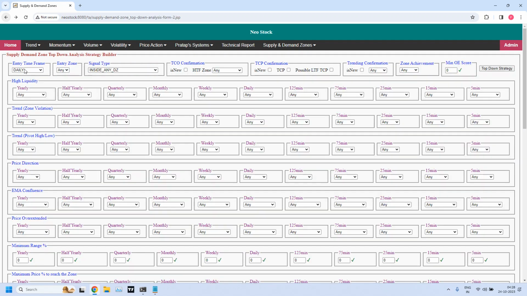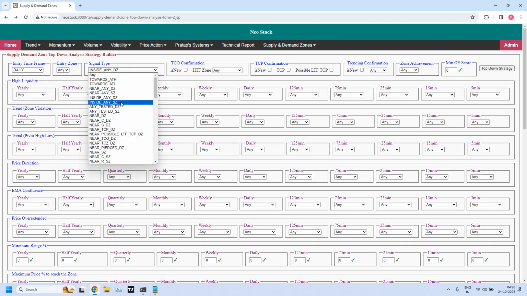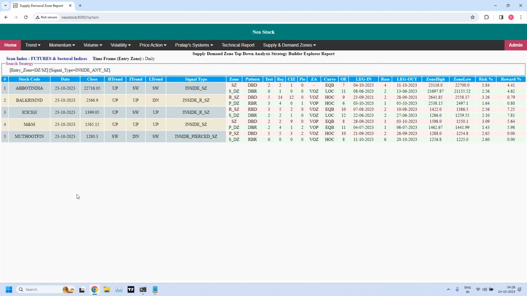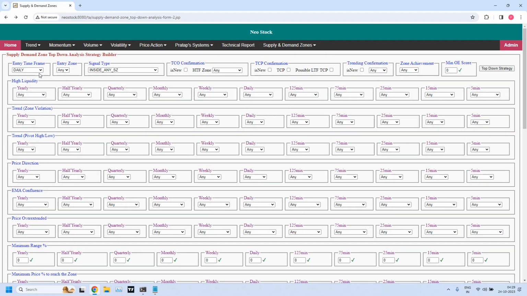Okay, let's go back. For a daily time frame, let us find the stocks which are closed inside daily supply zone. Only these 4 stocks are closed inside daily supply zone. Now let us find the tested zones. Obviously, more zones will be tested today because many stocks are closed inside demand zones.